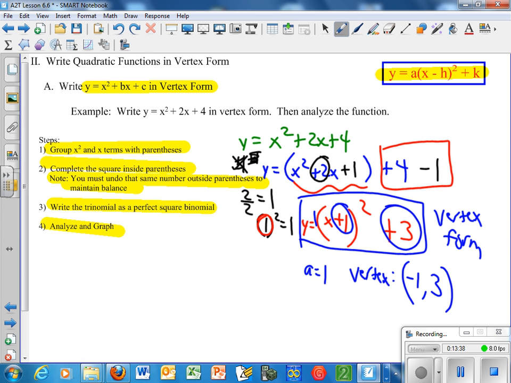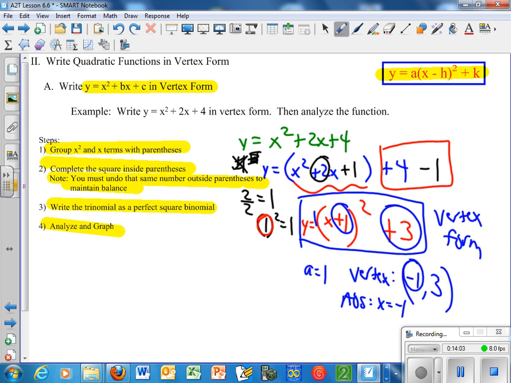So the vertex would be at negative 1, 3. The axis of symmetry, once you find this, it's whatever this value is, so it's at x equals negative 1. So it's taken that y equals x squared graph and shifted it 1 unit to the left and 3 units up. The axis of symmetry is negative 1.